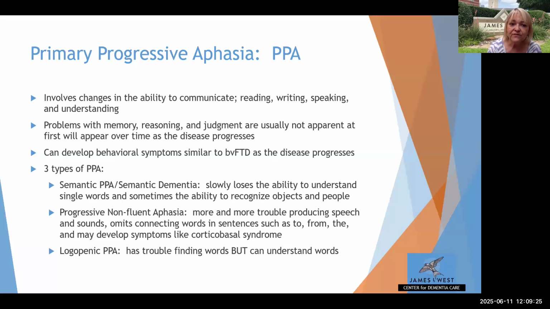Progressive non-fluent aphasia, more and more trouble producing speech and sounds, omits connecting words and sentences such as to, from, the, leaves those out, and can develop symptoms like the corticobasal syndrome. And the last one, trouble finding words but can understand words, has a hard time speaking but can comprehend.